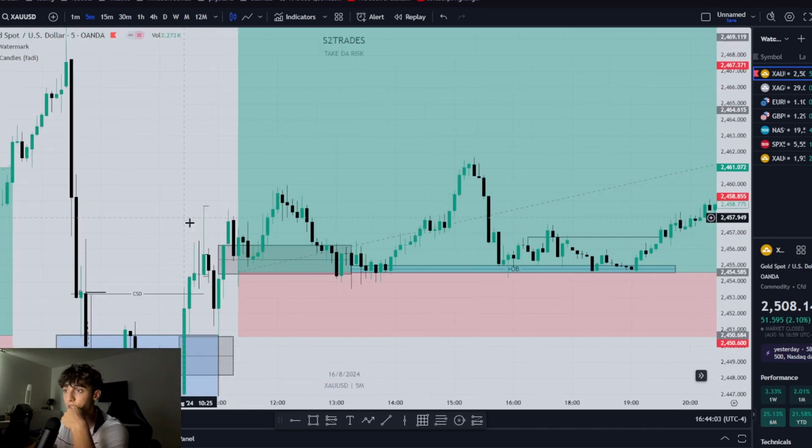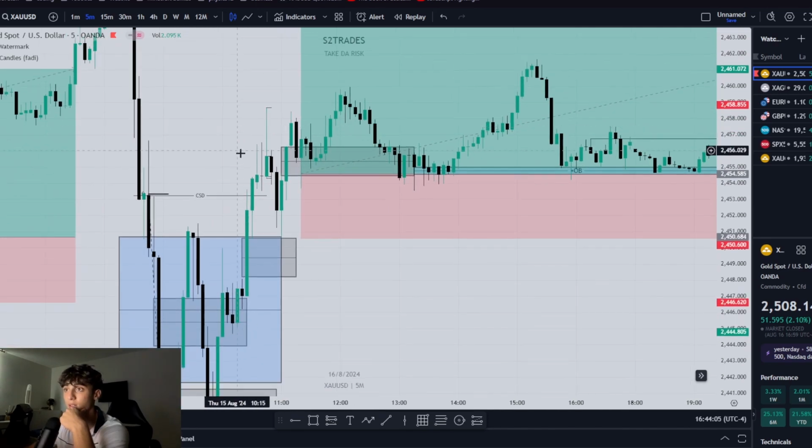I was not trading at this point, because I wasn't on the market, I was busy. So I waited for it to retrace into this fair value gap right here because I missed the entry. Whenever you miss the entry, just wait for a fair value gap. I waited for it to enter. I saw there's this bull move right here, this push up, so I entered off that push up.